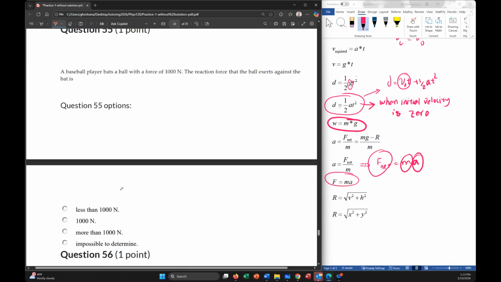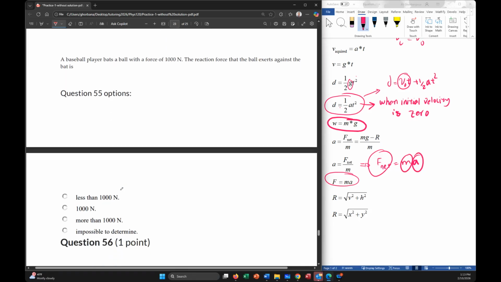55. A baseball player bats a ball with a force of 1000 Newton. The reaction force that the ball exerts against the bat is, again, Newton's third law, yes? Action, reaction, which one?